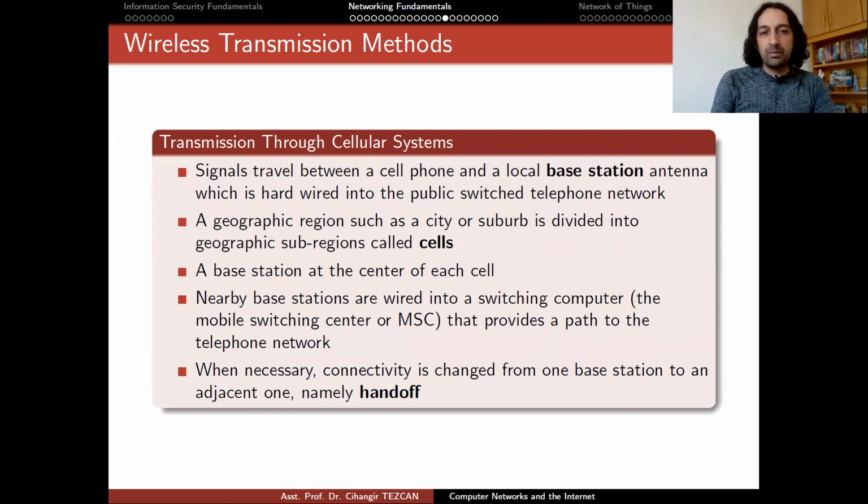The second thing I wanted to mention is the handoff. Base stations have some coverage. If you are mobile, you might be moving from one station to another, so you might get close to another one. In this case, the handoff occurs, and your communication is moved from one base station to the other one. But sometimes, if you are unlucky, you might be in the middle of two base stations. Maybe your home or your room is just in the middle of the intersection of the radii of these base stations.